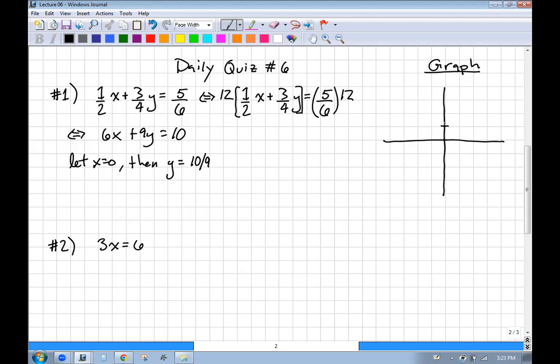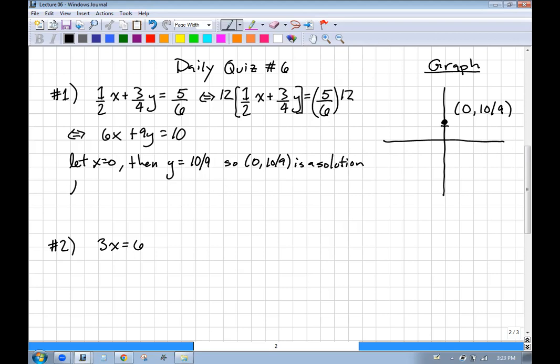So that'd be just a little bit above 1 here. So this is 0, 10/9. Okay, and 0, 10/9 is a solution.